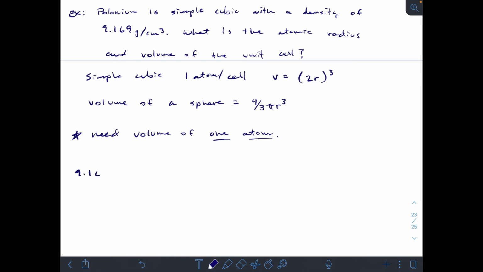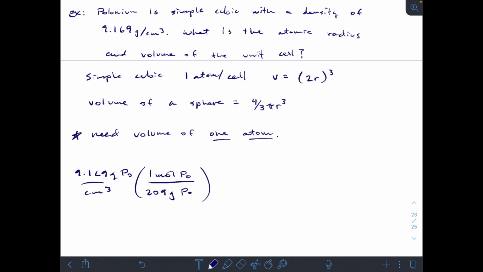So let's start with our density, 9.169 grams per cubic centimeter. Right, so this is grams of polonium per cubic centimeter. So we want to get to atoms. So we already know how to go from grams to atoms of an element. We learned that back in one of our earlier chapters. So I'm going to go moles over the molar mass of 209 grams of polonium per mole.